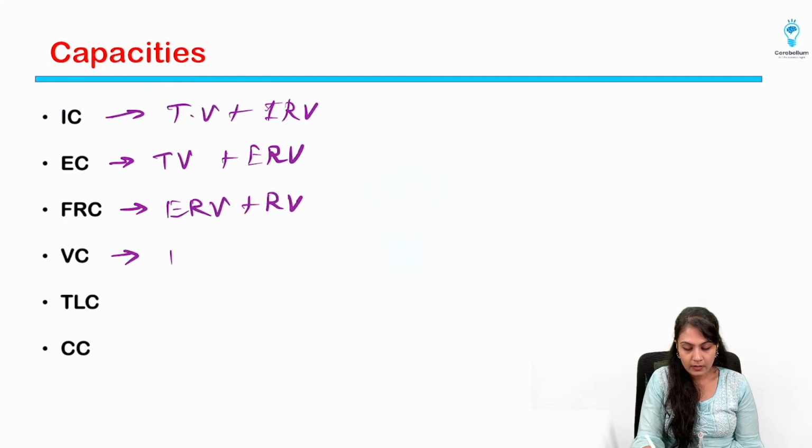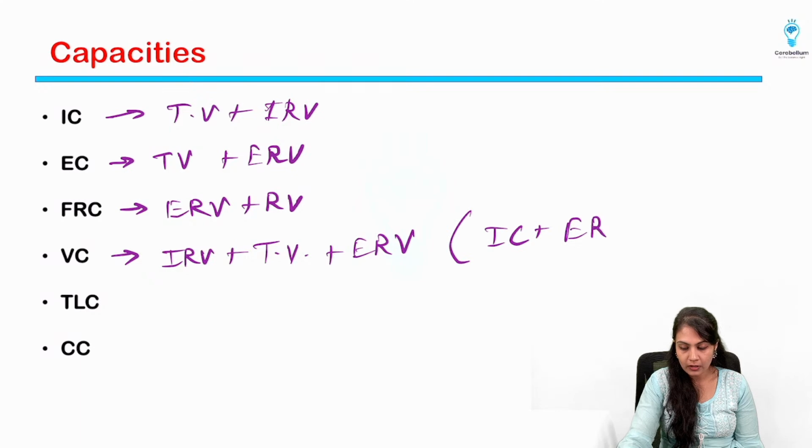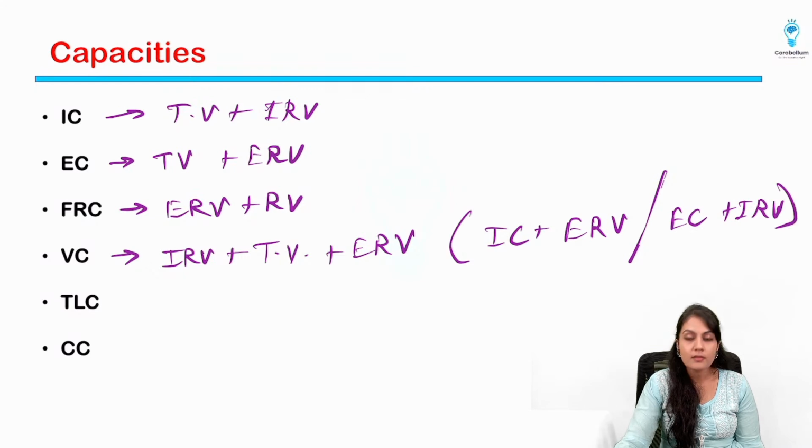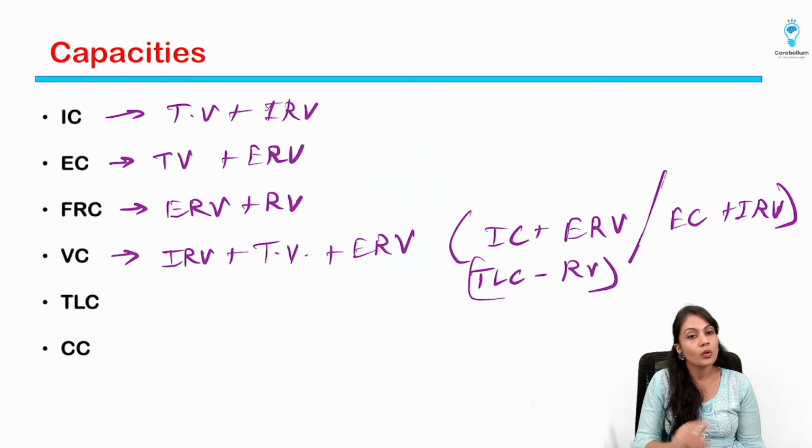VC is IRV plus TV plus ERV. I can even write inspiratory capacity plus ERV, or I can write EC plus IRV. It's one and the same thing. I can write TLC minus RV also. One and the same thing.